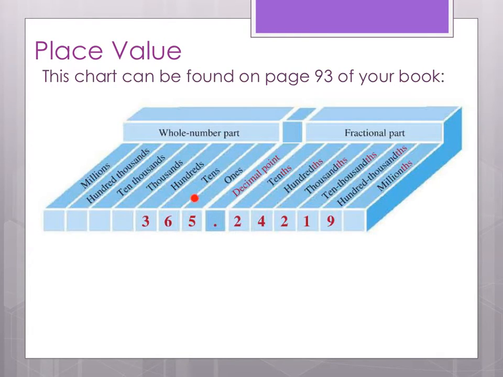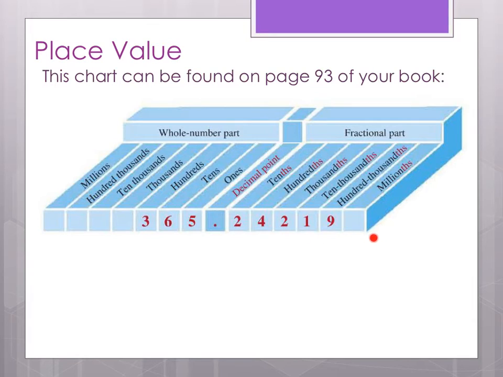We have ones, tens, hundreds, thousands, 10,000s, 100,000s, and then millions is where this chart ends. But it would continue on to the next multiple of 10, which would be 10 millions, and then 100 millions, and then billions, and then keep repeating in that pattern.